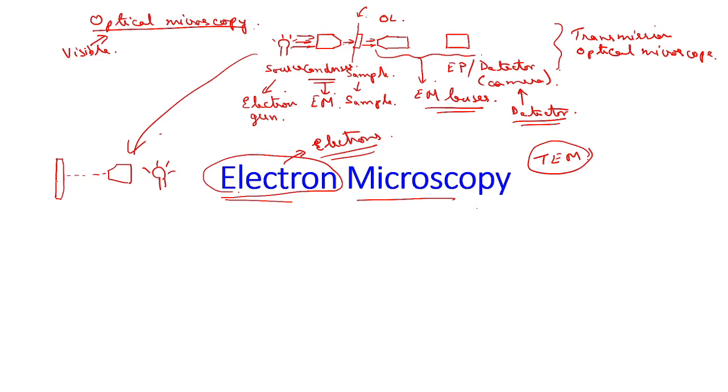The light from this condenser, what it will do? It will strike the sample and then it will be reflected back, okay? And while it is reflected back, it will be captured by an optical lens, or we can say objective lenses, which will magnify the optical signal, and then we will be recording the signal through a camera or a detector.